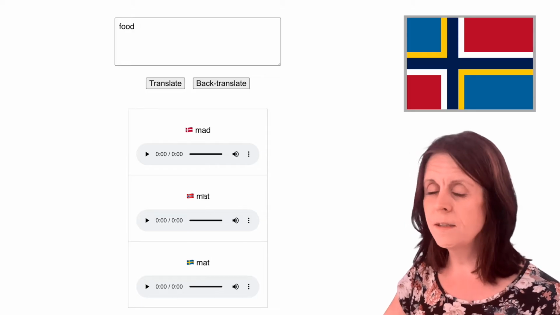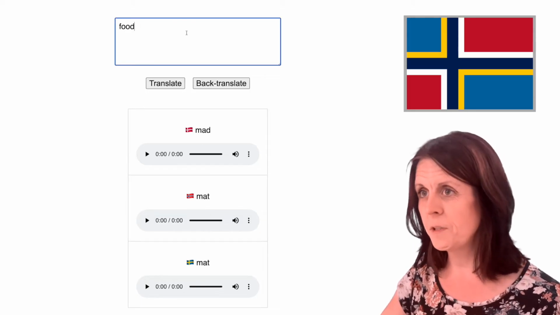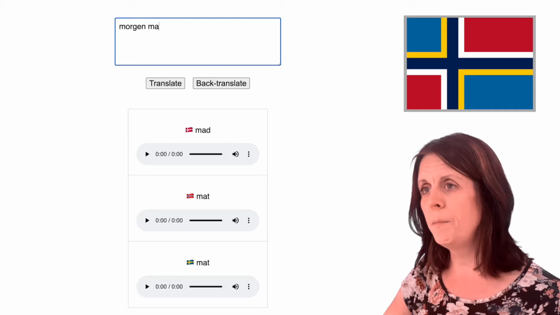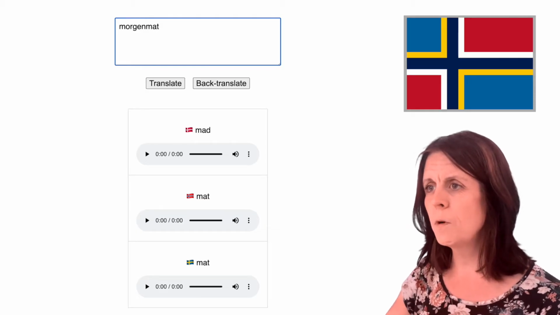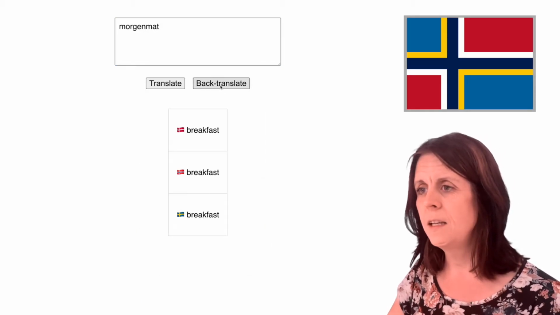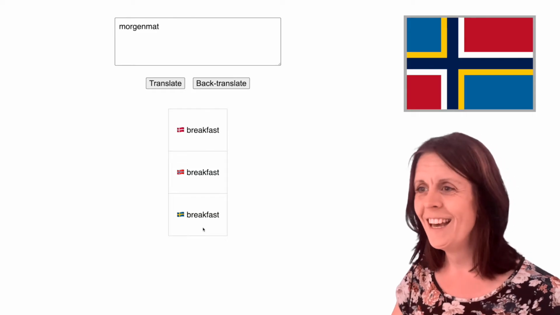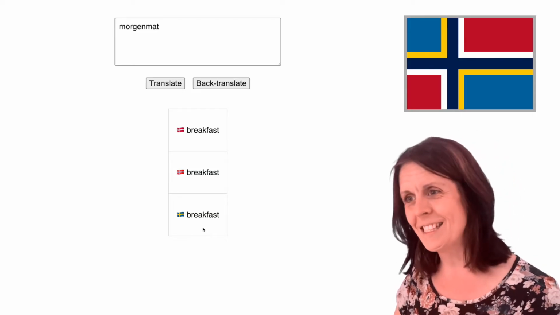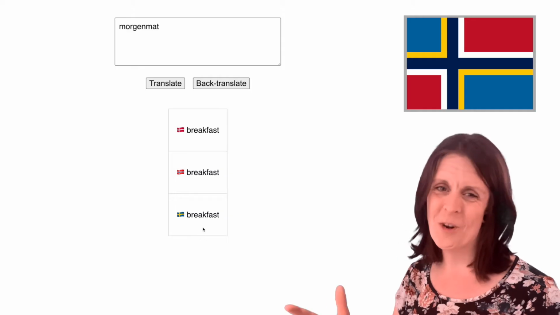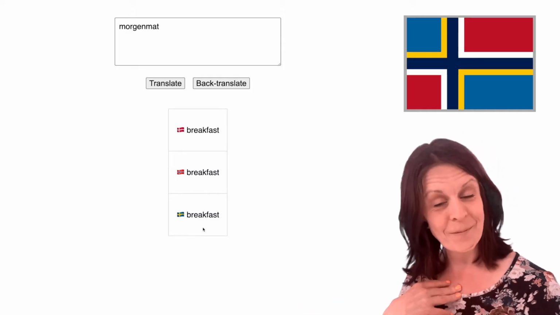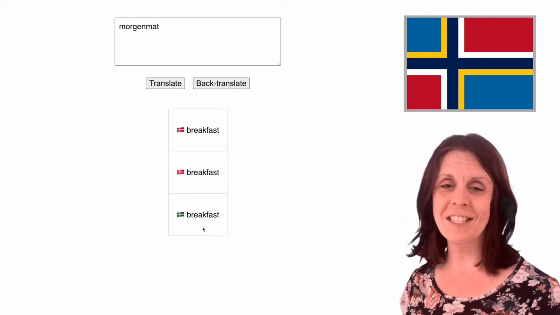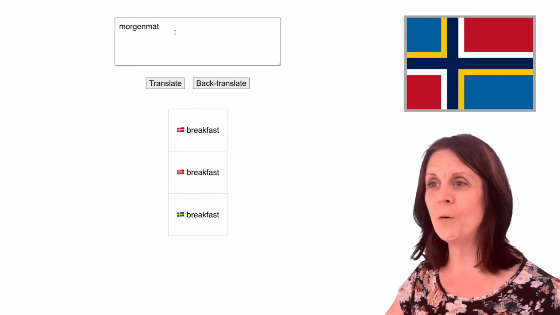Mat. So we're going to say that mat means food. And if we take morn mat, I wonder if you can do it as one word. Let's see if we back translate. Yes. All 3 languages understand morgenmad as breakfast, more or less. So I'm going to say in my new language that the word for breakfast will be morgenmad.